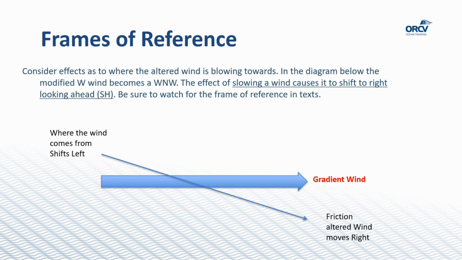When the wind hits the ground and experiences friction, it veers, V-E-E-R-S. It veers, which means it turns to the right. In the text, it might say it shifts left, but it's quick.